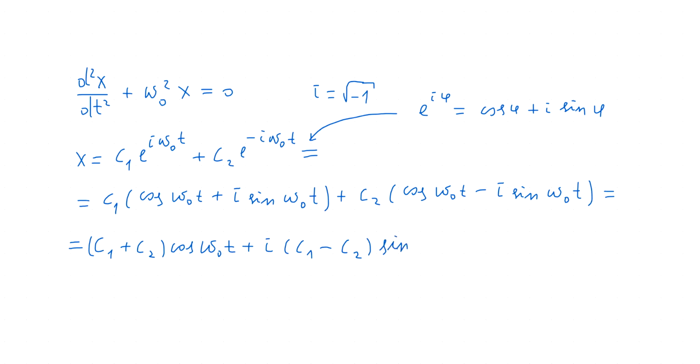sine omega 0 t. This is a result of using Euler's formula.